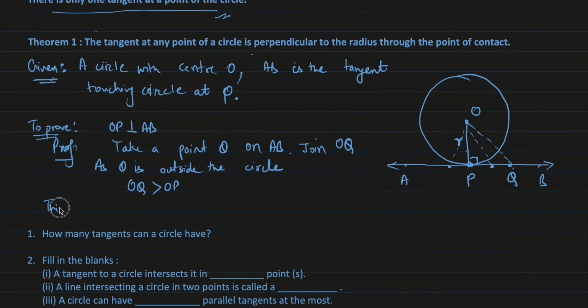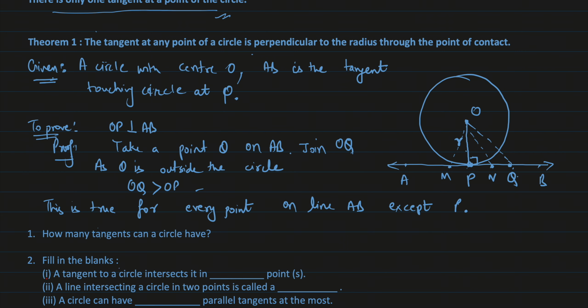So you can say this is true for every point on line AB except P. Let's say if you take any point M, then this statement is true for all those other points except this P. So we can say what?